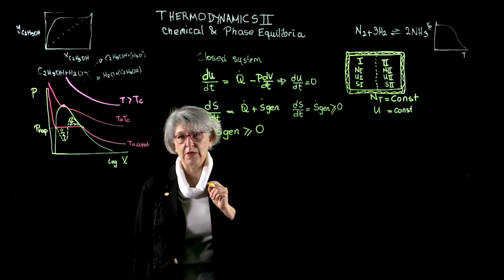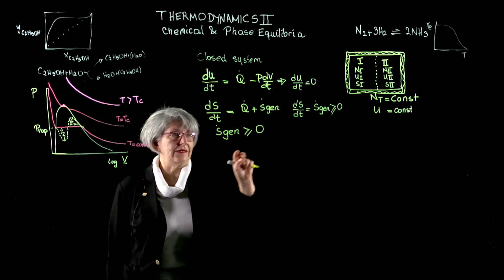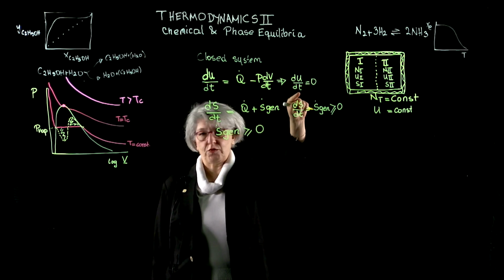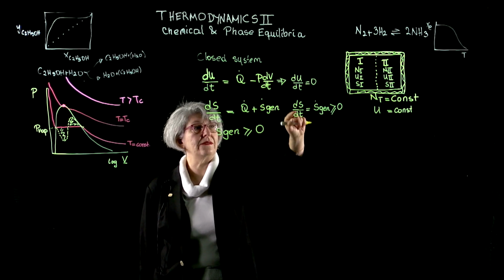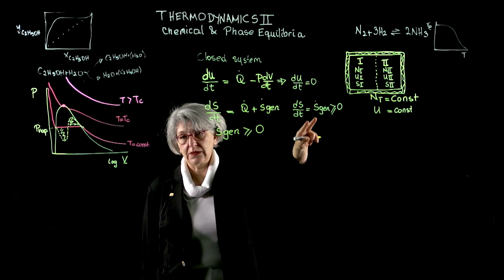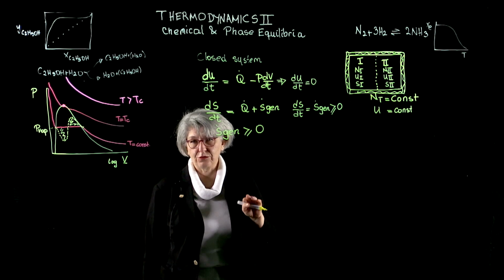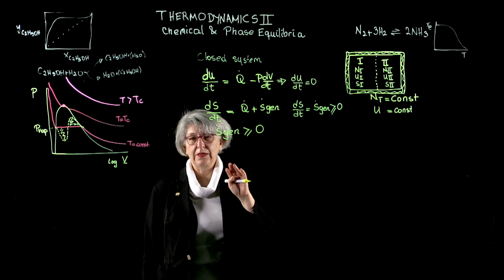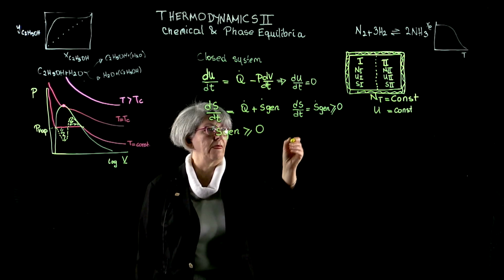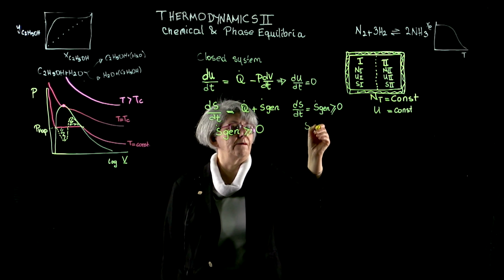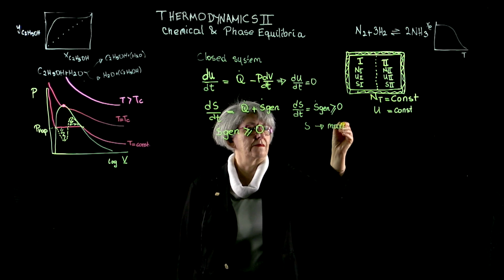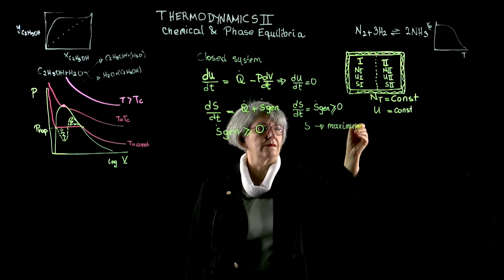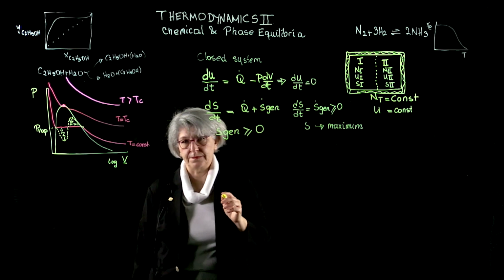The first equation is that total internal energy is constant. The second equation says that entropy has to be maximum. So this is our constraint.